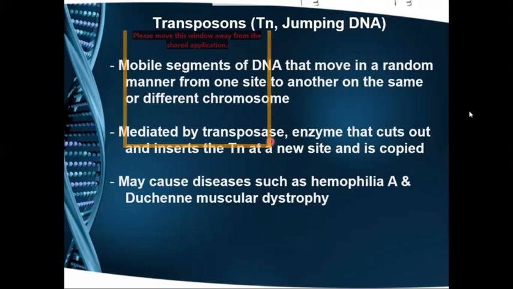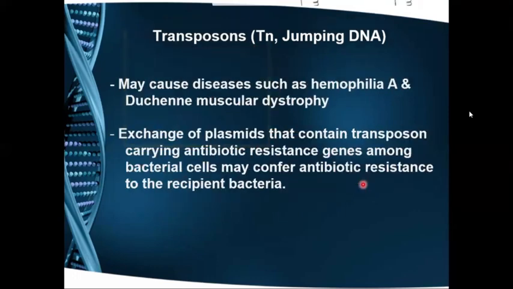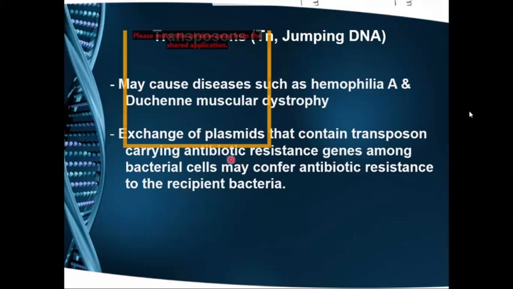Okay? And may cause diseases such as hemophilia and Duchenne muscular dystrophy. Okay? Also, exchange of plasmids that contain transposons containing antibiotic resistance genes among bacterial cells may confer antibiotic resistance.